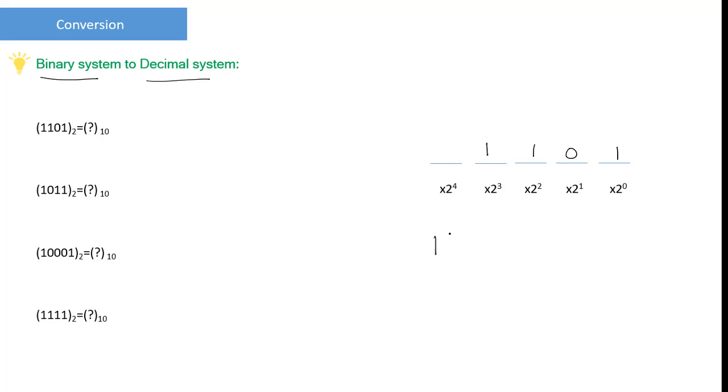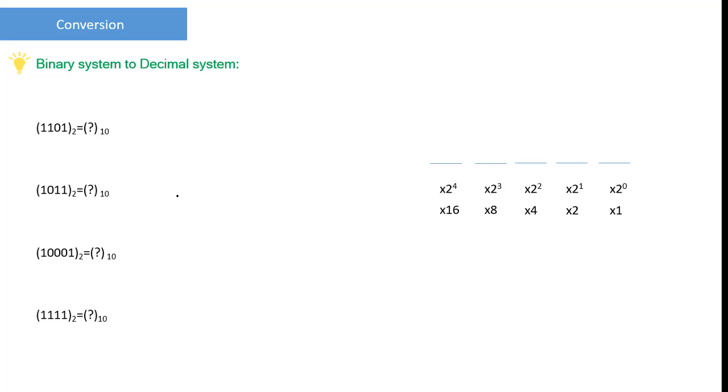So now, just to make things simple, we can expand these numbers and make them like this. So 1 times 1 is 1, 0 times something is 0, 1 times 4 is 4, 1 times 8 is 8. So what we get is 8 plus 1 is 9, 9 plus 4 is 13. So the answer that we get is 13.